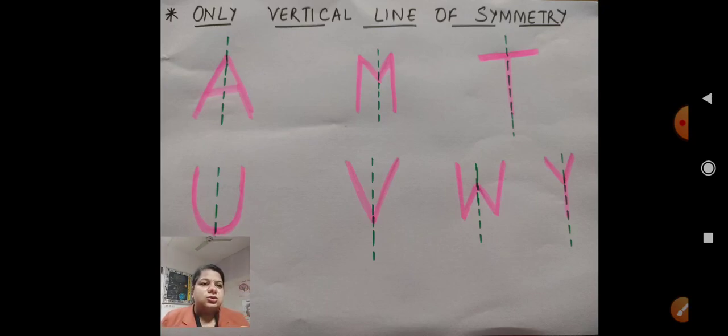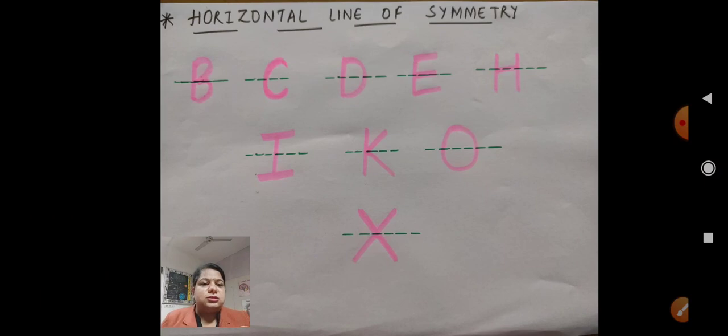So you have to take care of what is asked in the question. Here A, M, T, U, V, W and Y are the alphabets which have only vertical lines of symmetry, right?